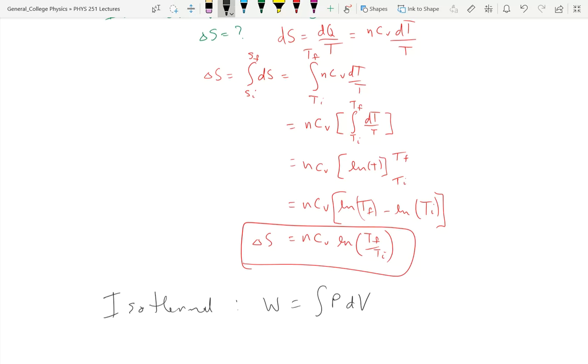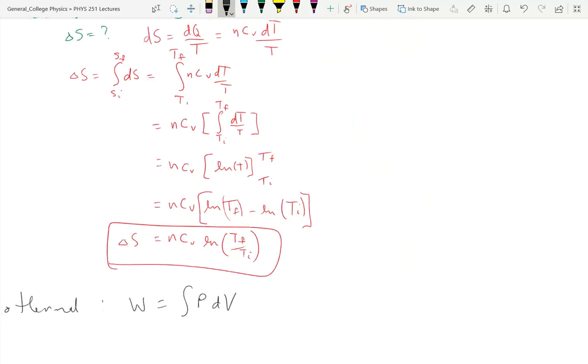work is the integral of P dV. Isothermal, P is changing and V is changing. So this isn't just simple like it was for isochoric or like it is for isobaric. What we have to do here is substitute so we can write this integral with only one variable.